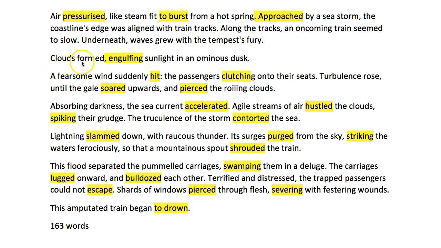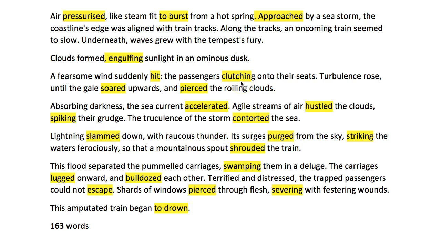Clouds formed, again neutral, engulfing sunlight in an ominous dusk. Engulfing is suddenly threatening and much more powerful. A fearsome wind hit, the passengers clutching onto their seats. So now we know trouble is coming. The more powerful verbs are coming much more quickly, so it increases the pace.